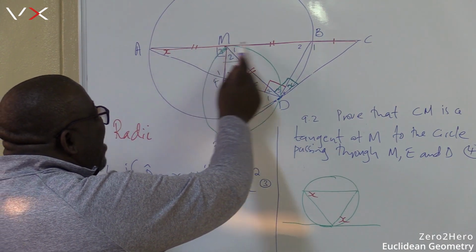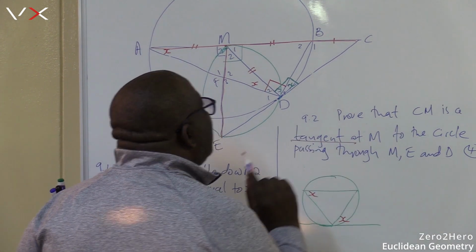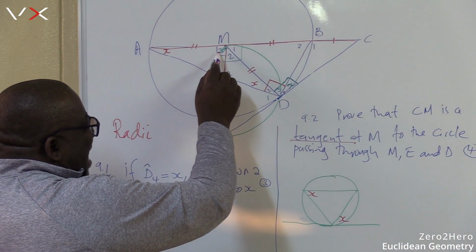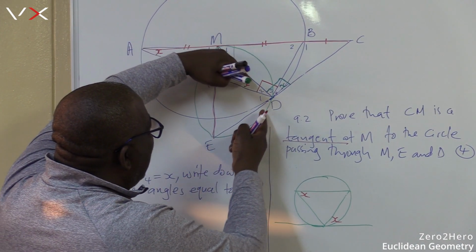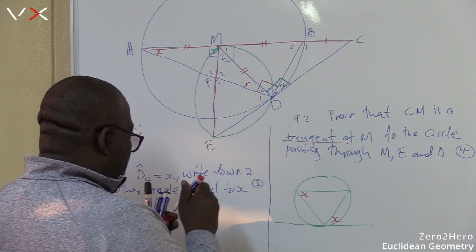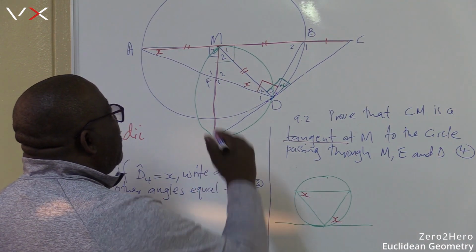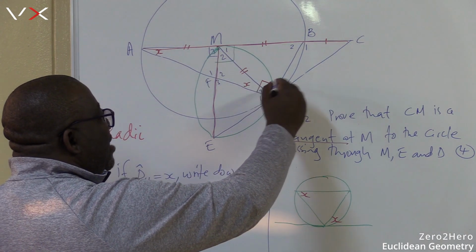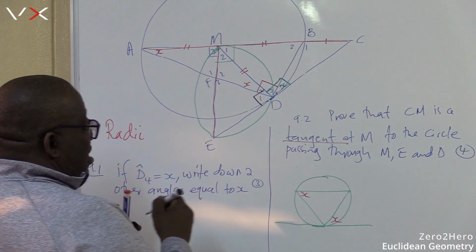It is between this line, which I don't know what it is, that I'm trying to prove is a tangent. But look at this chord. This chord takes me to this angle, and this angle is exactly equal to 90 degrees. If this is a radius, it means a tangent. 90 degrees is formed. Right?